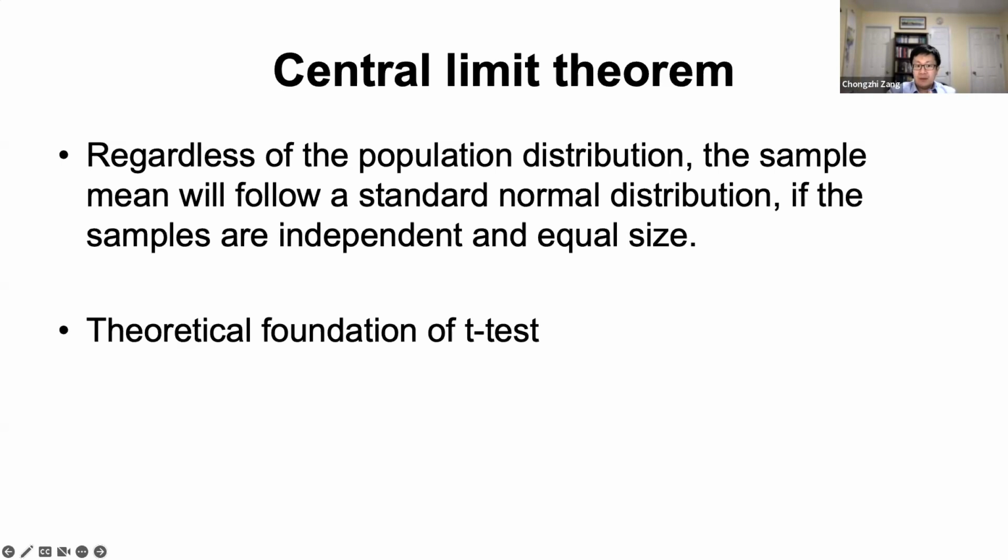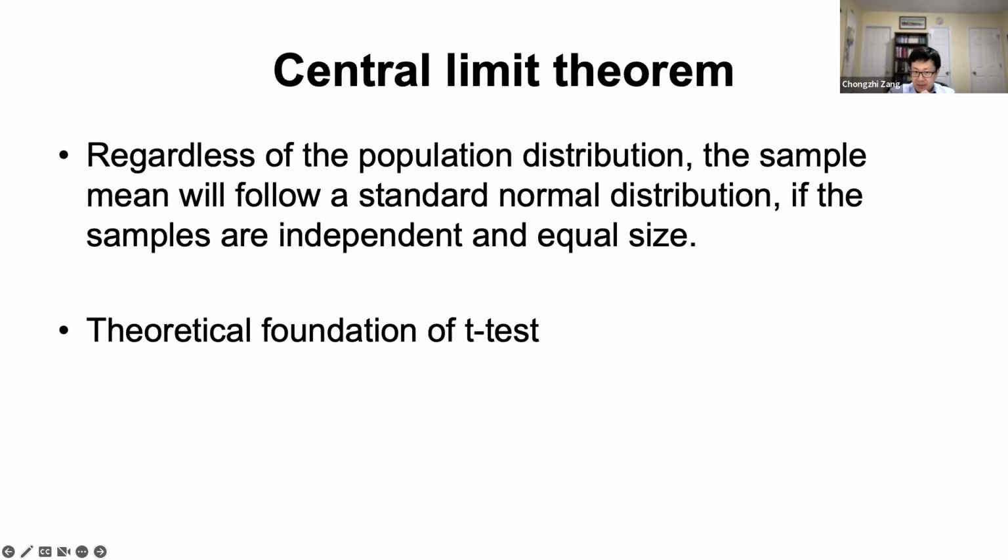So regardless of what the population distribution is, once we draw a sample, we can calculate the mean from that sample, right? We can draw samples multiple times. We can get multiple samples, right?